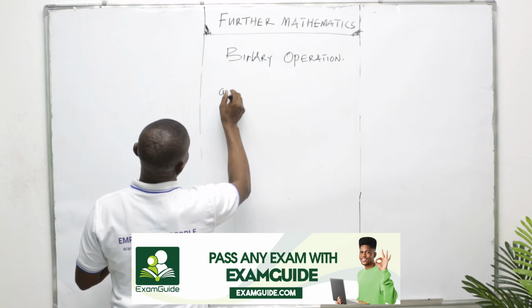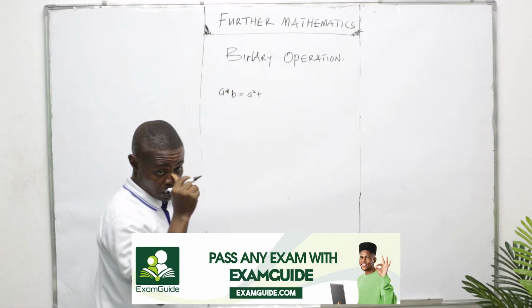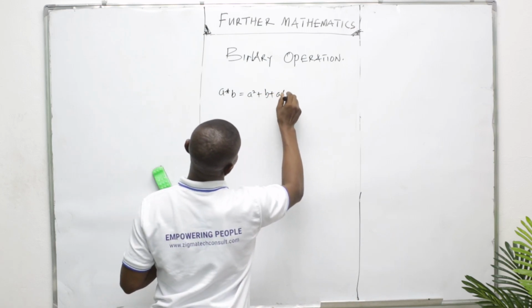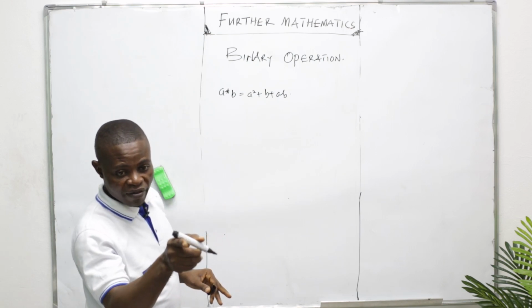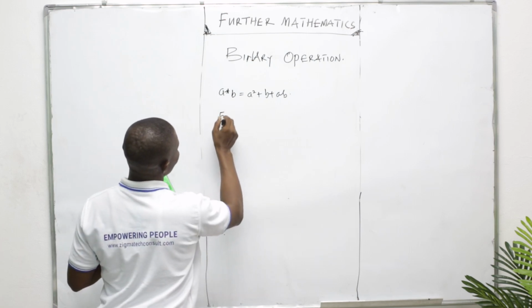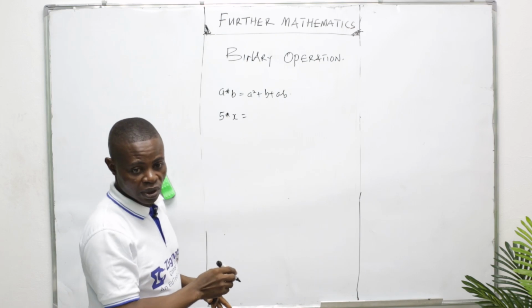Then find the value of x for which 5 operating on x equals 37.